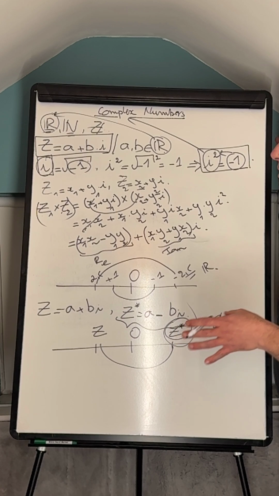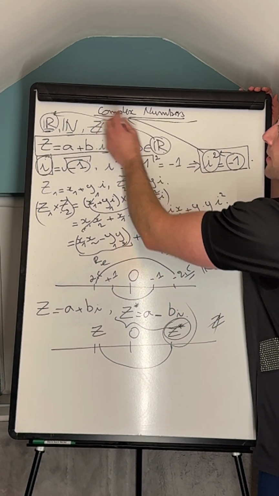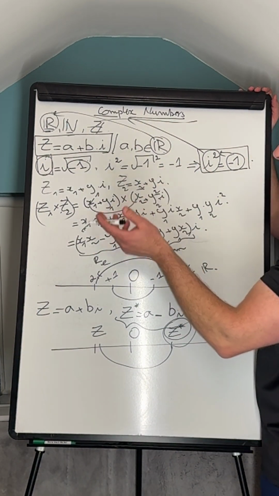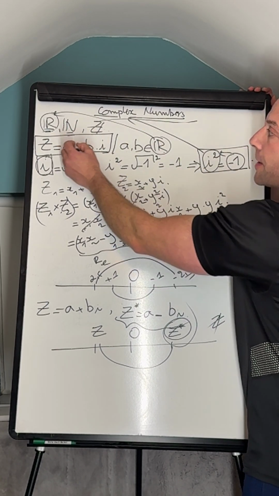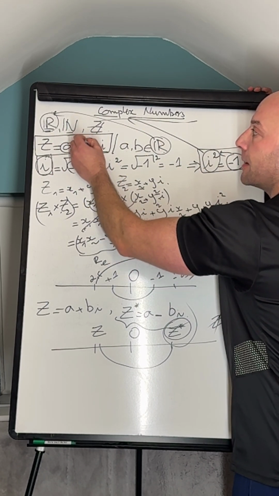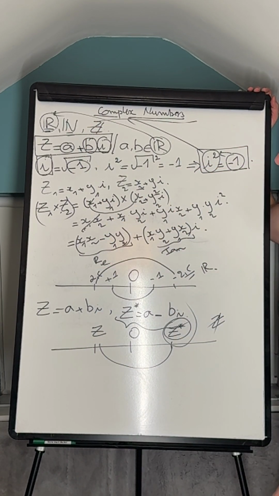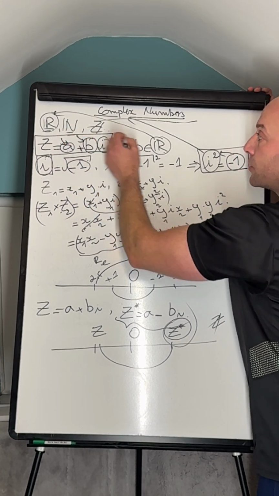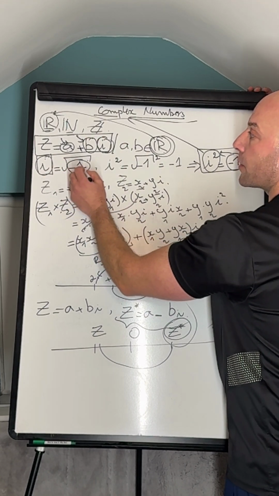All right, just to recap slightly: complex numbers are the same as any other numbers. We write them this way: z equals a plus bi, a real number plus an imaginary number times i. A and b are reals. Then i is the square root of -1.